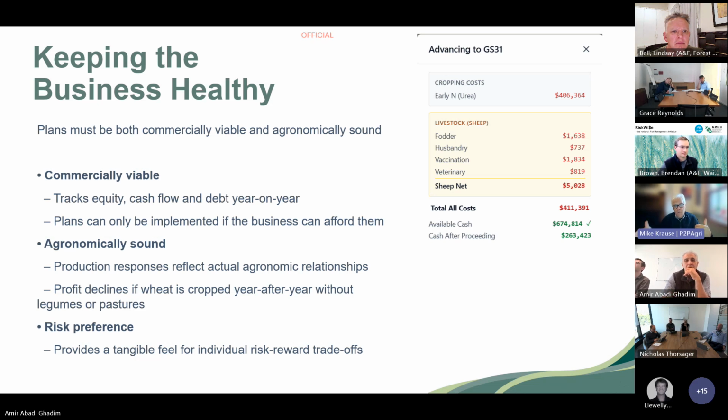They were the conservative ones. They never put on more than average input. They never went to full input levels. They were the ones that would always keep sheep in the system and wouldn't go continuous cropping. So the only conclusion I got out of that is that low rainfall really does reward conservative decision making.